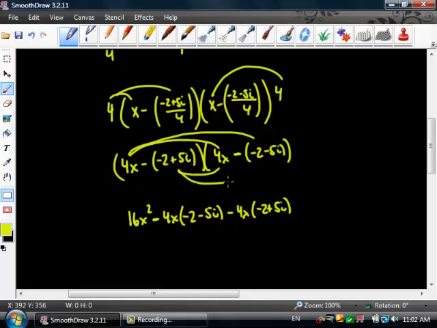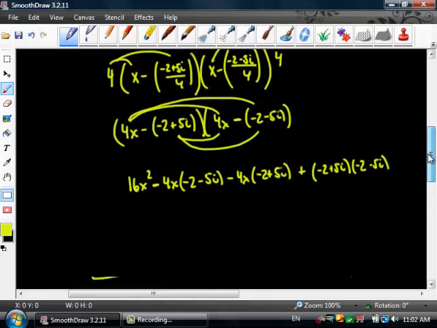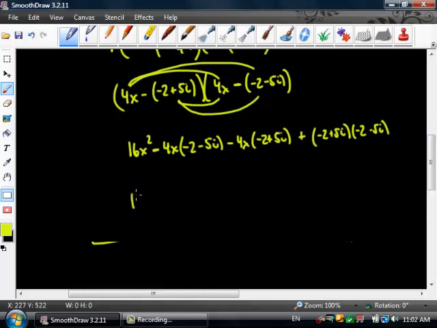And then a negative thing times a negative thing is a positive thing, and that thing just so happens to be -2 plus 5i and -2 minus 5i. All right, so let's go ahead and distribute and clean this thing up. This is 16x squared. That's a piece of cake. I get 8x, positive 8x, plus 20xi. I get positive 8x again, negative 20xi.